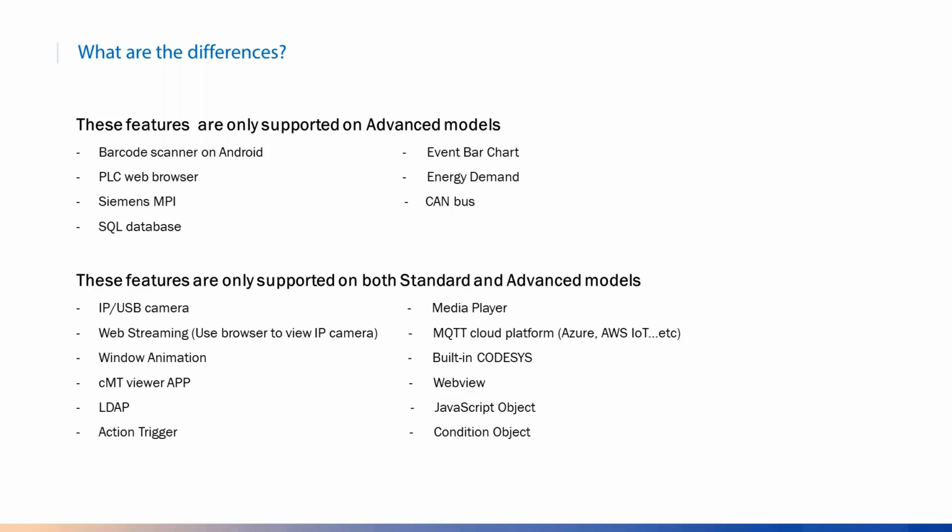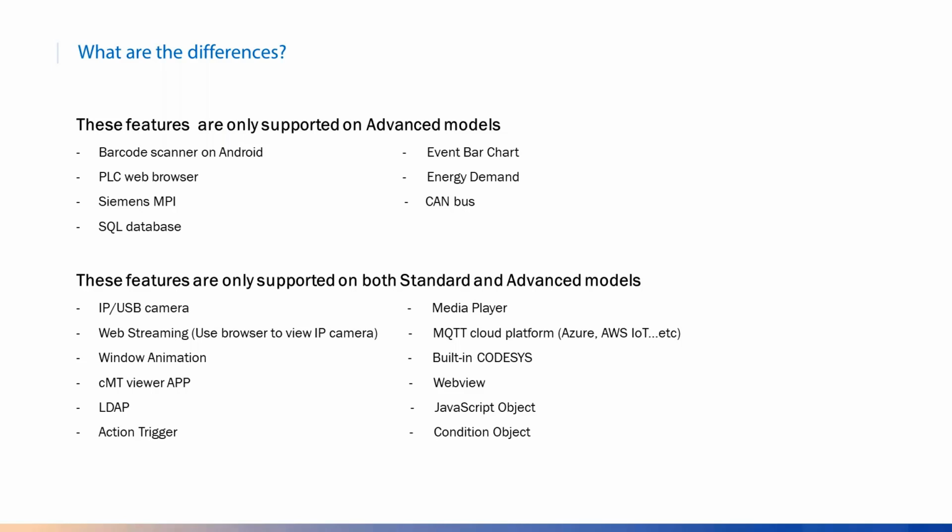And the following features on the bottom of this slide are only supported on both standard and advanced models, like IP camera and USB camera, media player, and web streaming. Web streaming means that you can use your PC's browser to view the IP camera's screen connected to the HMI.